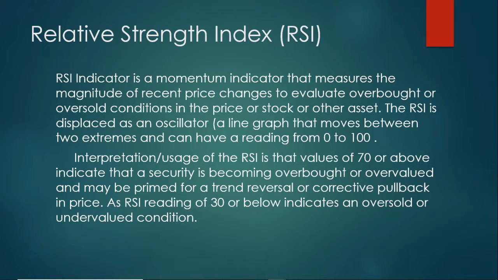From 0 to 100, when the graph moves to 70 or above, that means the stock or share is being overbought or overvalued, and may be primed for a trend reversal or correction pullback. That means whenever the stock price reaches 70 or above, there may be a chance of a trend reversal or correction pullback.